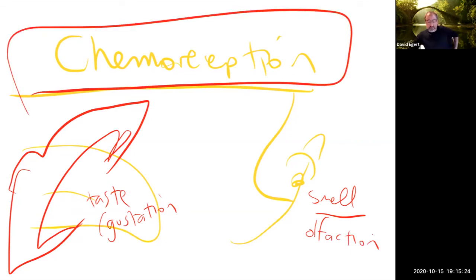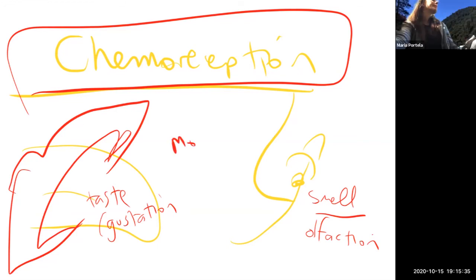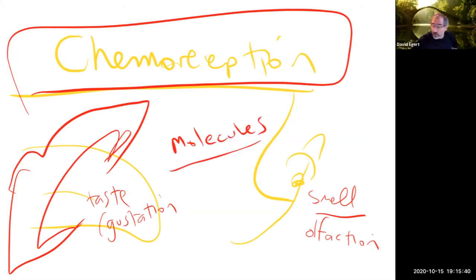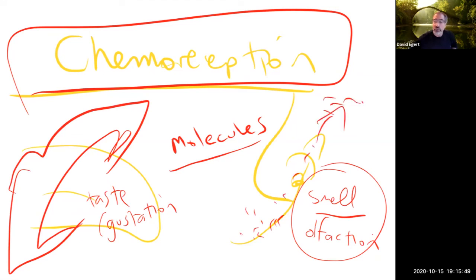In both cases, what is the stimulus for chemoreception? Molecules. Yeah, different kinds of molecules. In smell, basically it's molecules floating in the air, going up to your olfactory epithelium, and different shaped molecules are perceived as different smells.